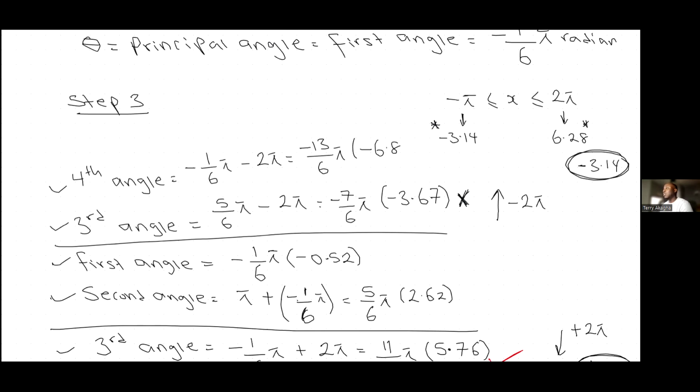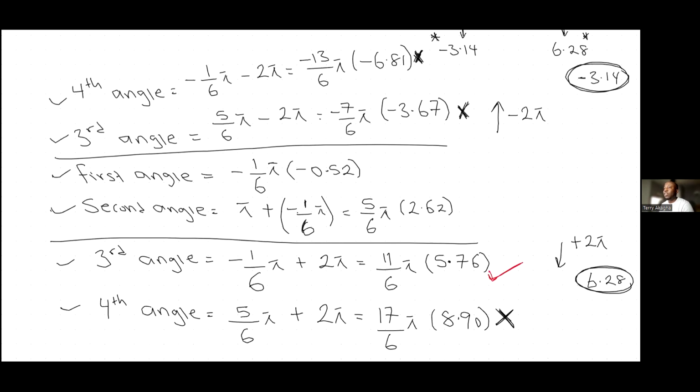And as expected, minus 6.81 is still less than minus 3.14. So you're going to stop here. So that means we are not taking any values from the negative x direction. So that means for this example, the only answers that are within the range we're looking for are minus 1 over 6 pi and 5 over 6 pi.